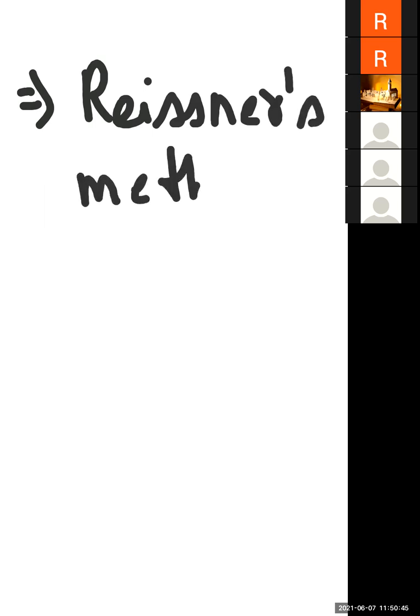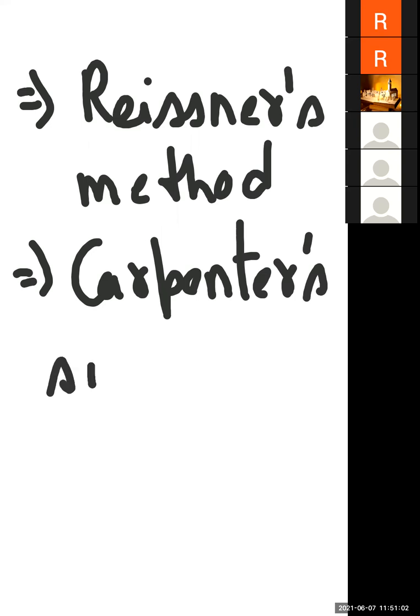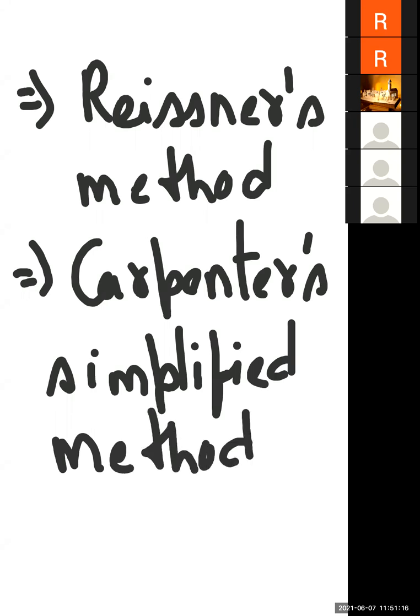Right? Number two is Carpenter's simplified method. Right? Next, number three design process is the BIS code method.